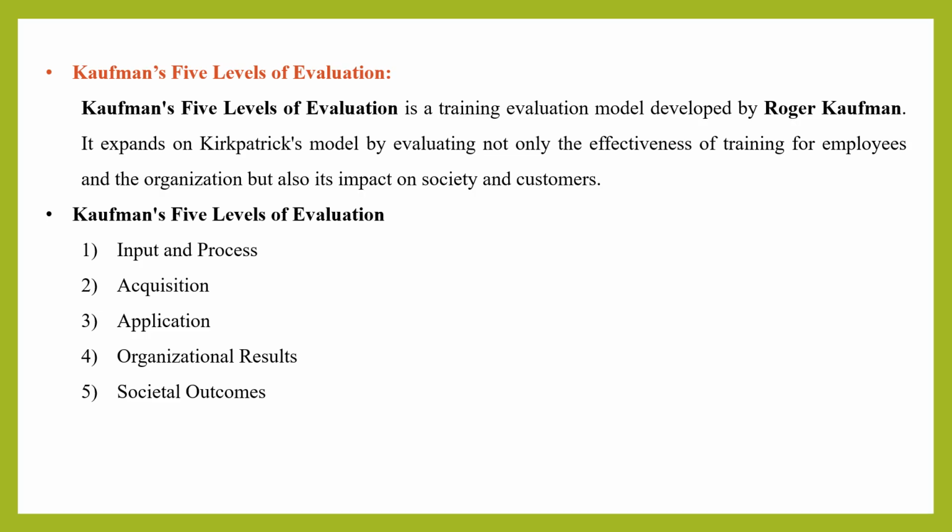And fifth level is societal outcome, the most important unique feature of the Kaufman model. Unlike other models, Kaufman asks, has the training created a positive impact on society? This level measures how training benefits customers, community, environment, society as a whole.